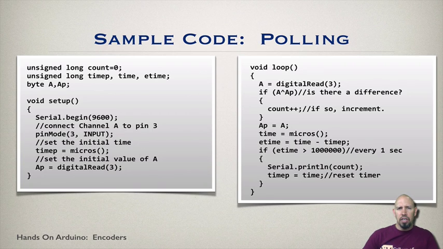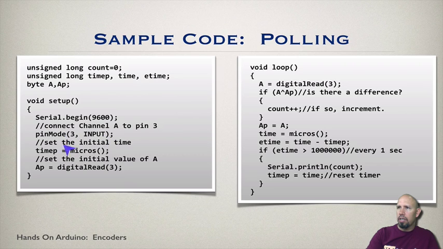Then I have the variables a and aP, a and a passed, which are bytes, and we'll talk about where they're used in a little bit. In our program, we first set up the serial monitor to be able to display things on the console, and then we connect channel A to pin 3. We're going to use that as our input for this problem.